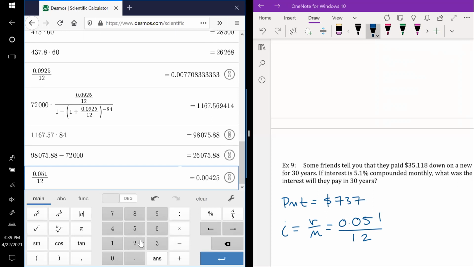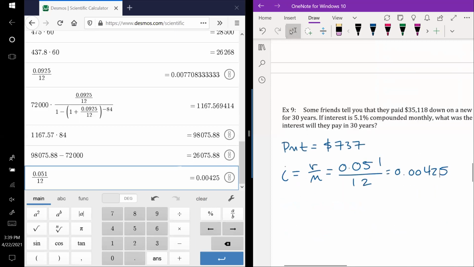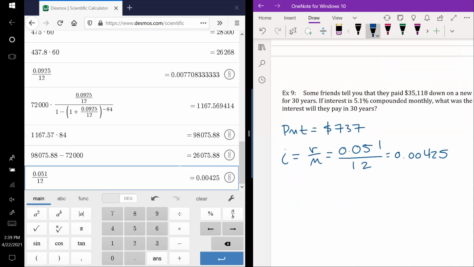And it is. We get 0.00425. And then N is M times T. We are compounding monthly, and we are doing this for 30 years. 360 months.